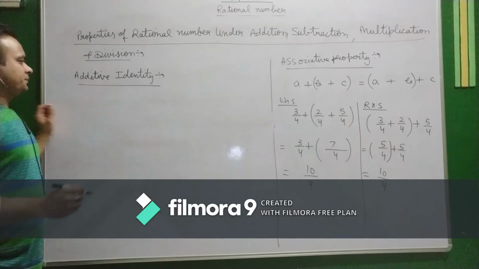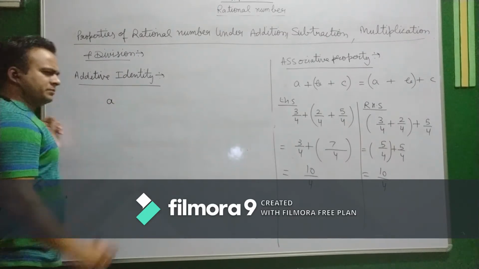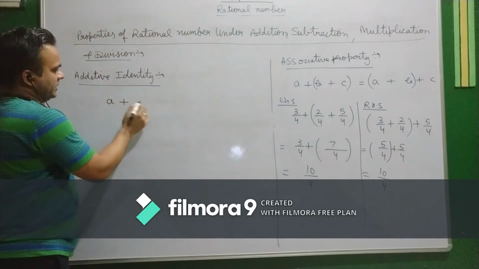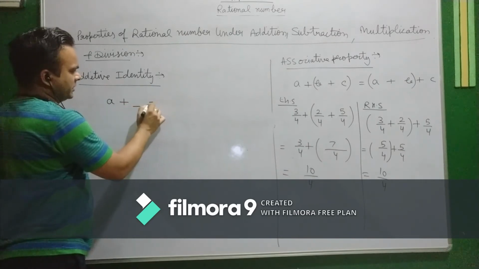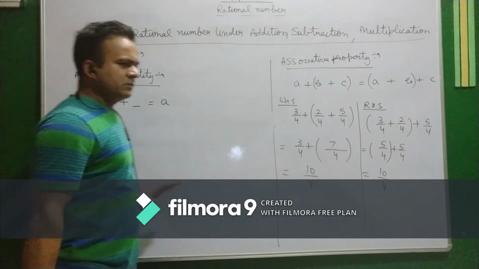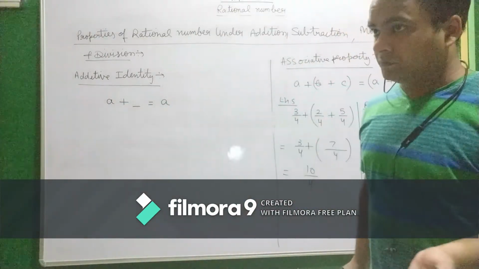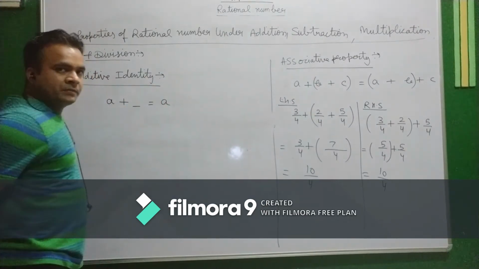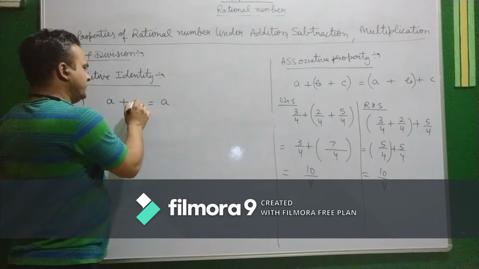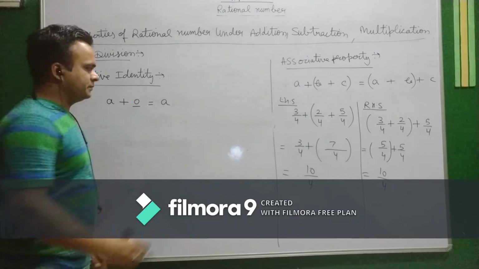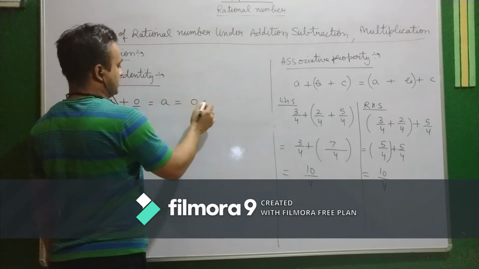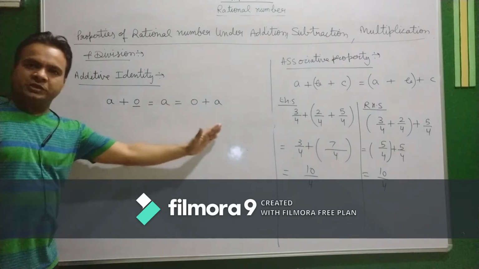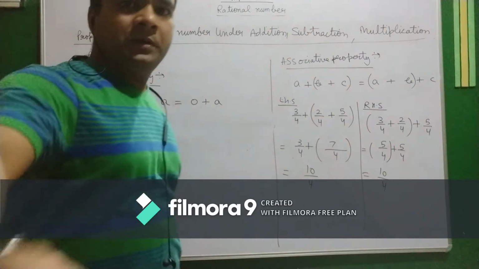Students, suppose I am taking any rational number a, and the identity says, suppose I add some number here and I will get the same number again. So what should be added in this rational number so that the result is unchanged? Definitely it is 0, no doubt. In the commutative property also we have to check in this way.